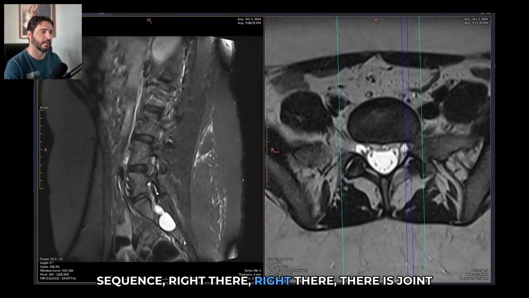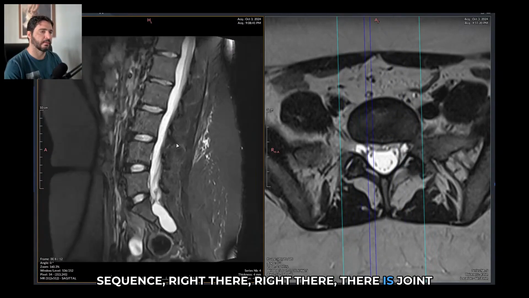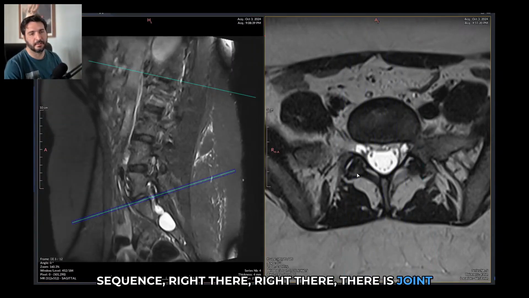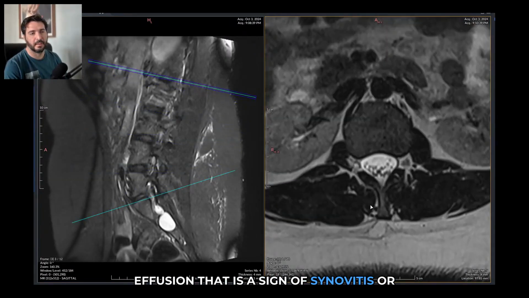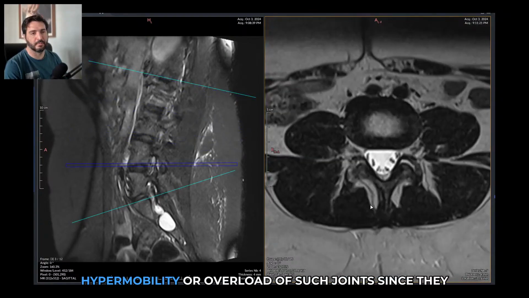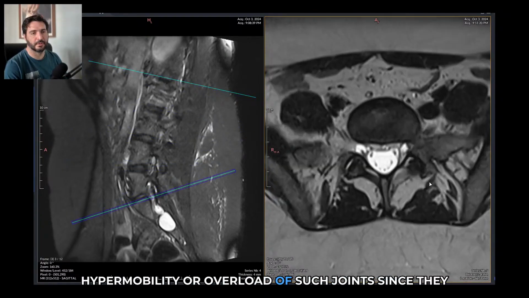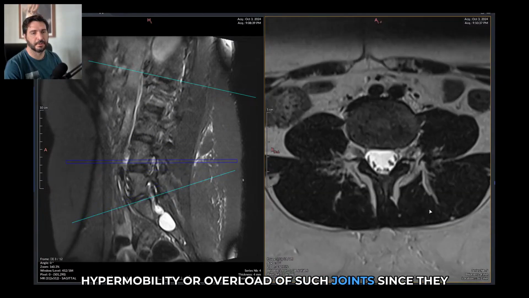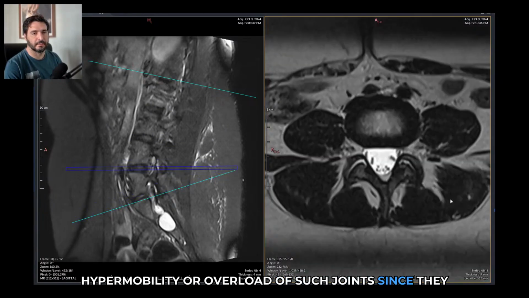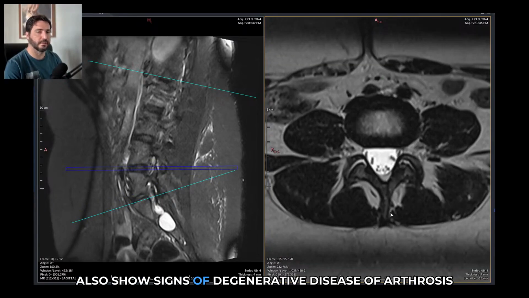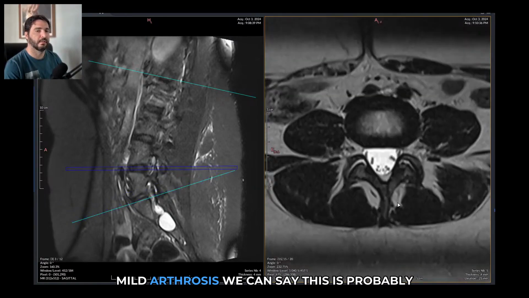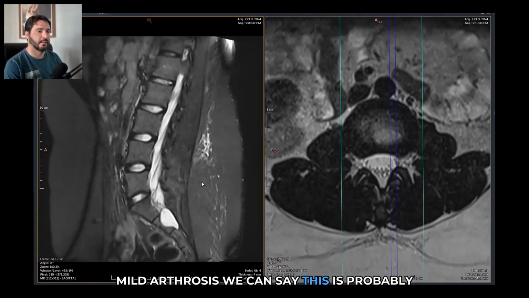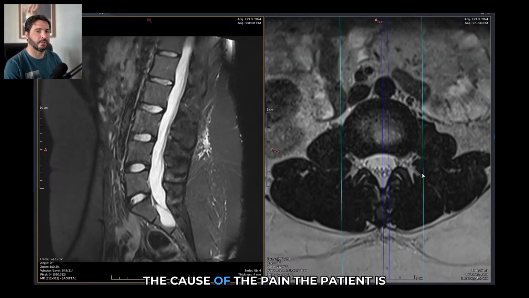Right there, right there. See? There is joint effusion. There is a sign of synovitis or hypermobility or overload of such joints, since they also show signs of degenerative disease, of arthrosis, mild arthrosis. We can say this is probably the cause of the pain the patient is complaining about.